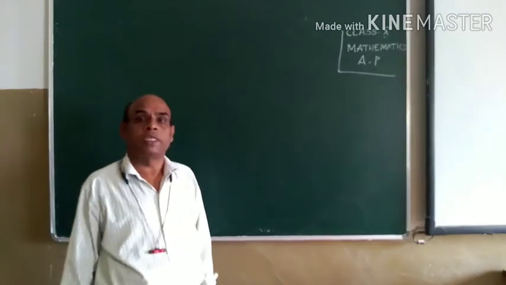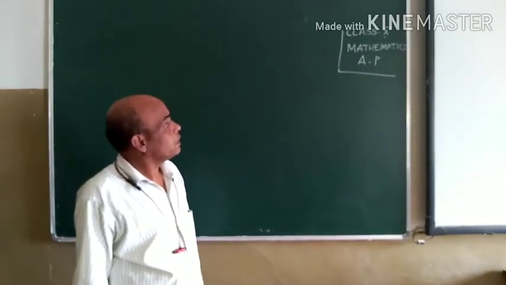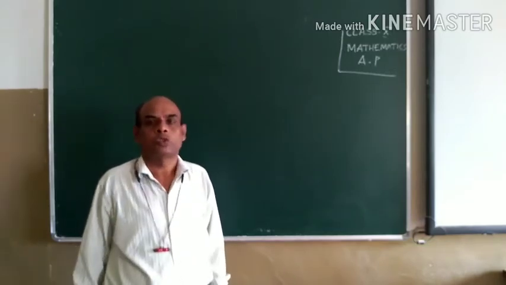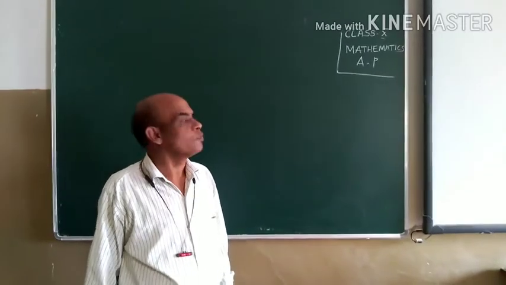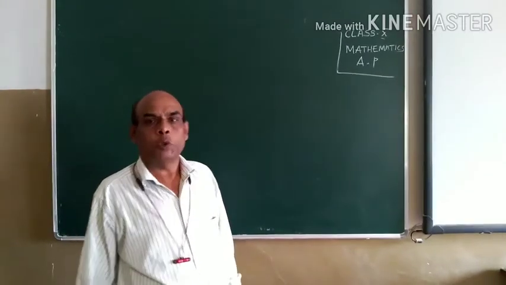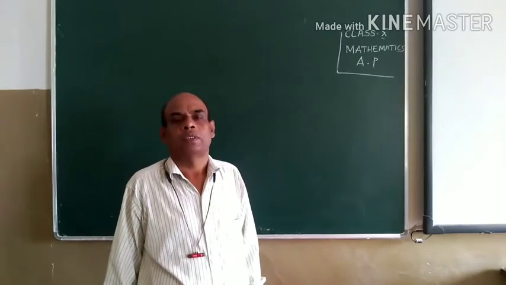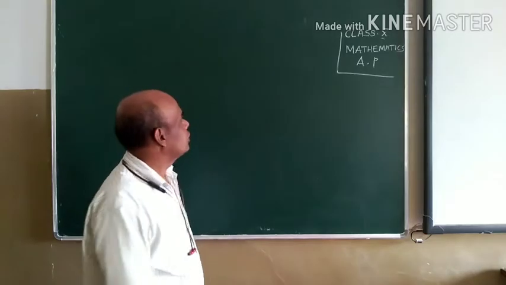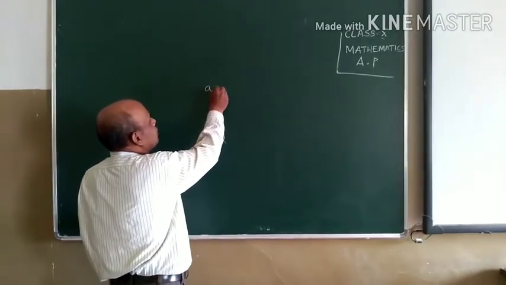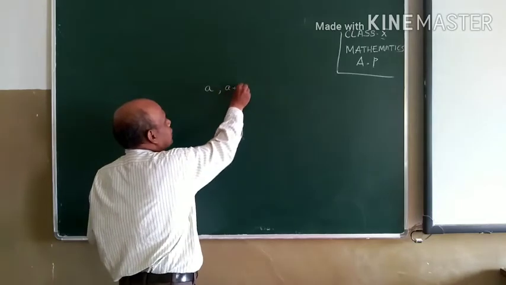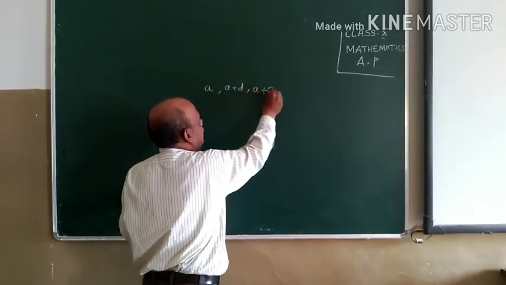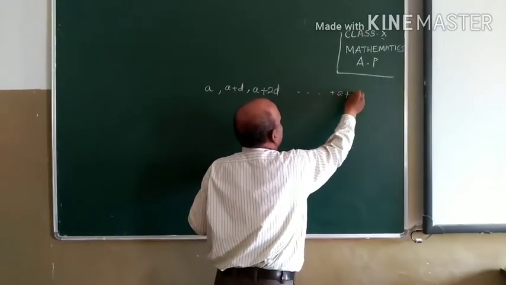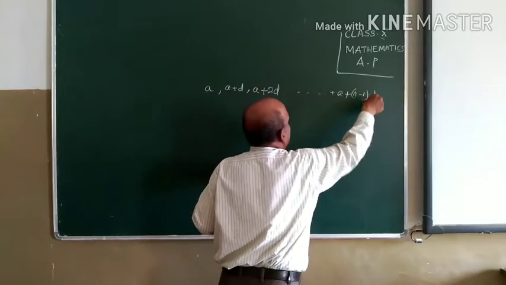Yesterday we have already studied arithmetic progression. Now we will start with the sum. I already told you, if there are n terms in a sequence, the first term is a, the second term is a plus d, the third term is a plus 2d, and the last term is a plus (n minus 1) into d.